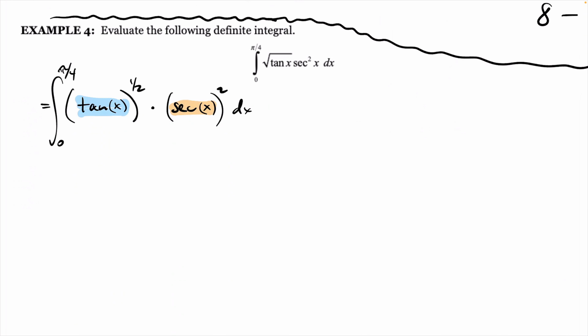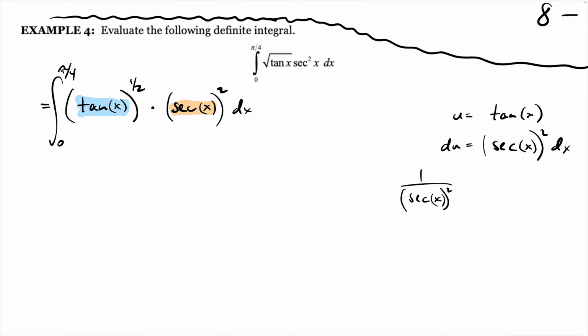So I'm going to pick the blue as my u because it'll cancel out with the orange later. Secant squared. Divide, you get 1 over secant squared of x du, or sorry, d, yeah, equals dx.